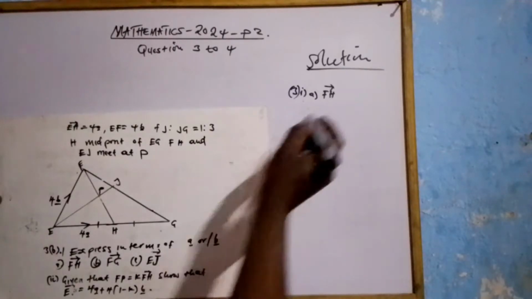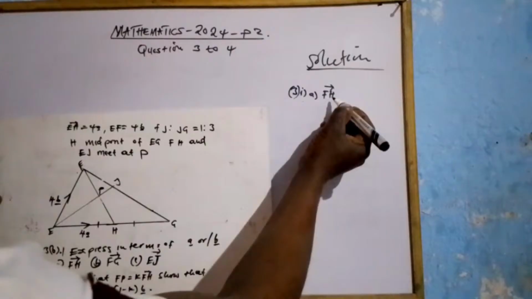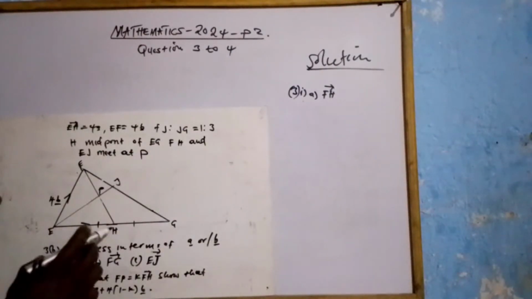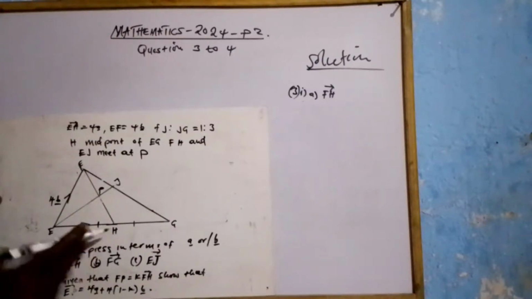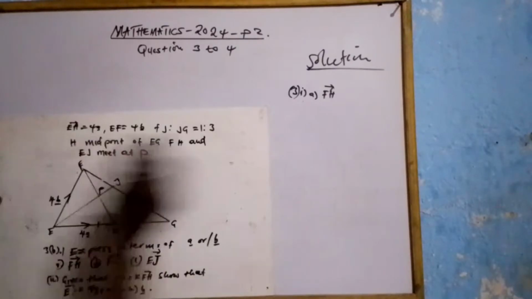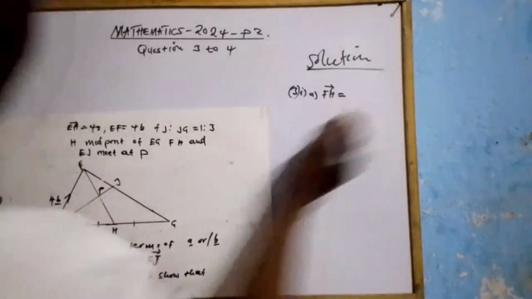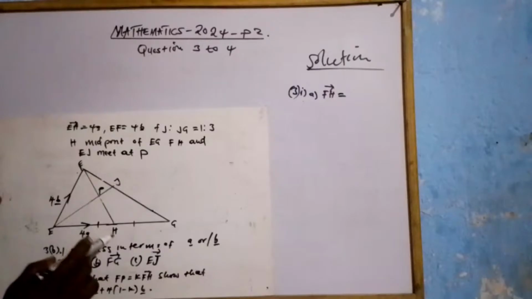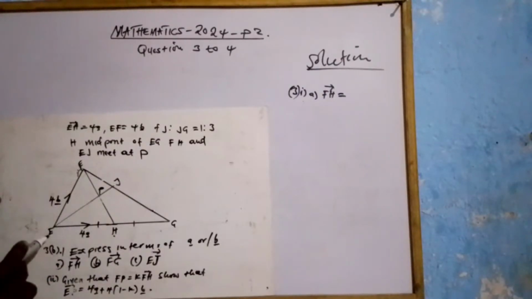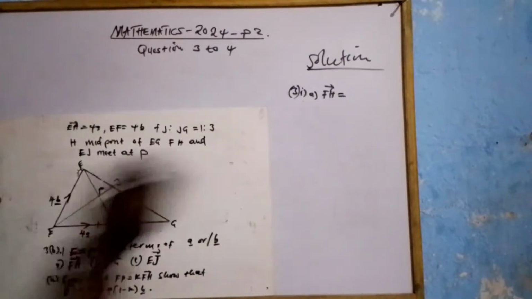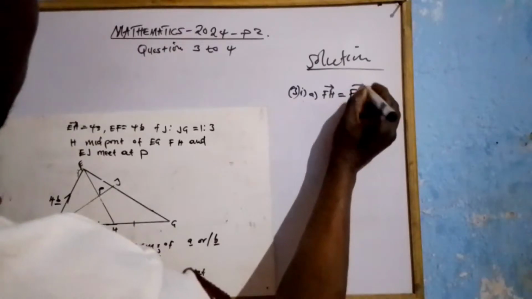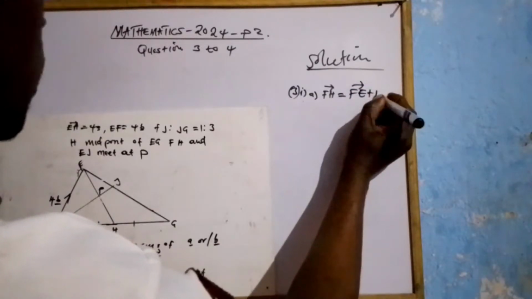So now we have to find FH. How do we find FH? Vector FH, we are going to find by saying FH is equal to FE plus EH. For us to arrive at this point, we must go through this point.